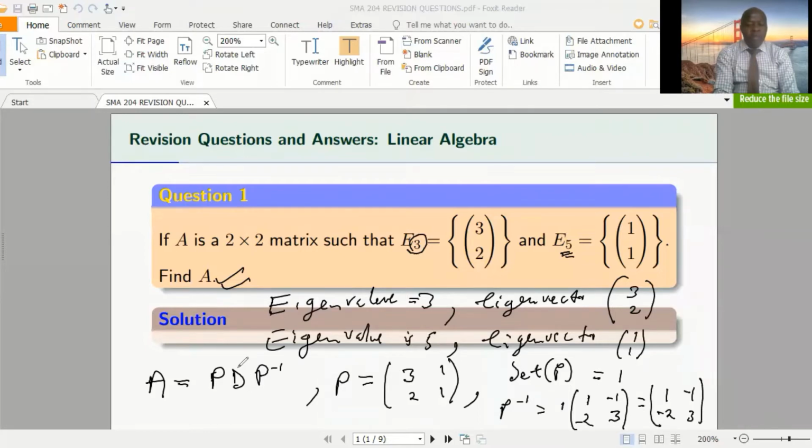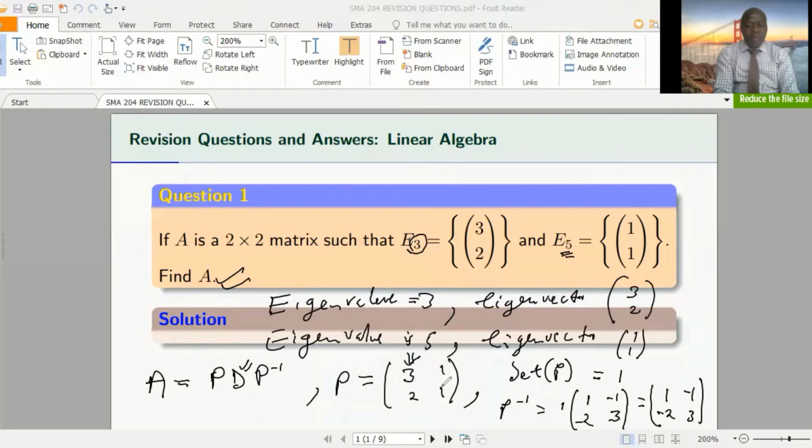So it remains just to find D, the diagonal matrix, but that is very easy. Before I create some space, notice that the first eigenvector that we wrote in P, the corresponding eigenvalue is 3.